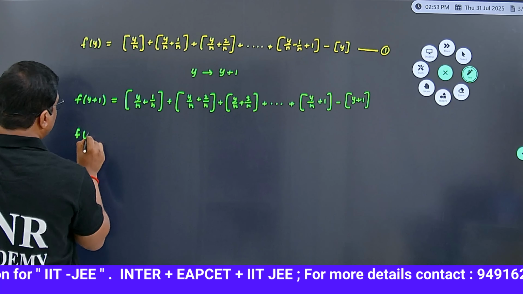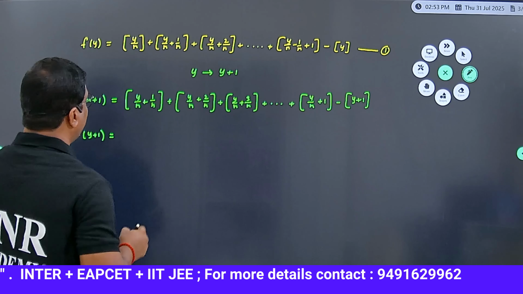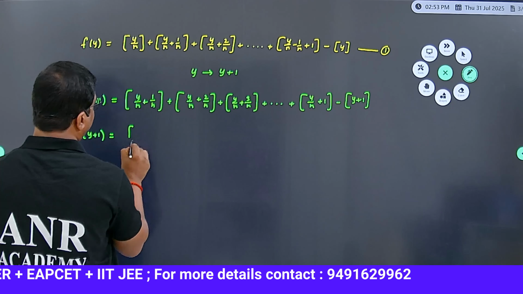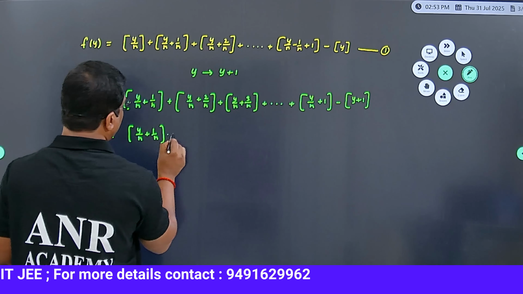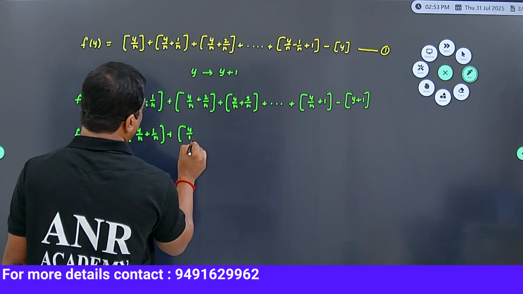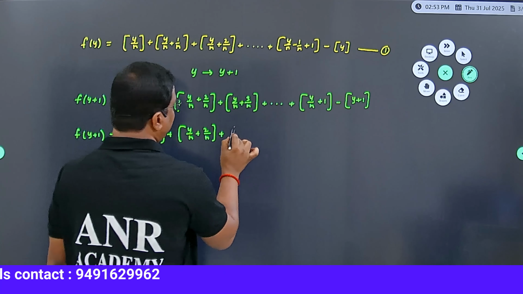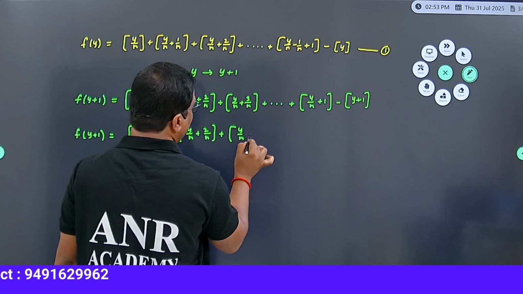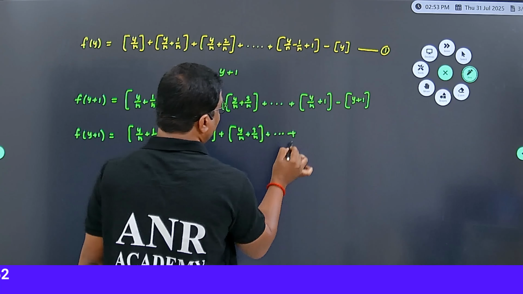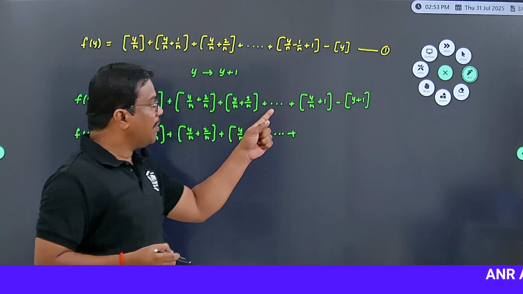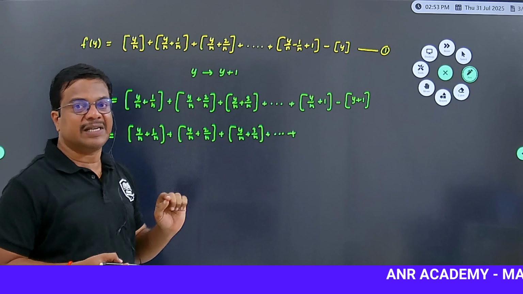Next, f of y plus 1 can be written as y by n plus 1 by n, next y by n plus 2 by n, plus y by n plus 3 by n, and so on. Floor of x plus integer: you have the property floor x plus integer.